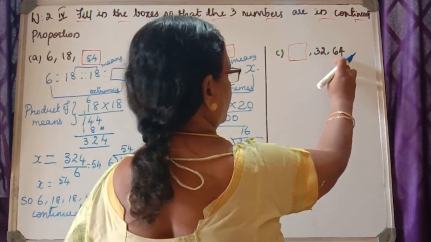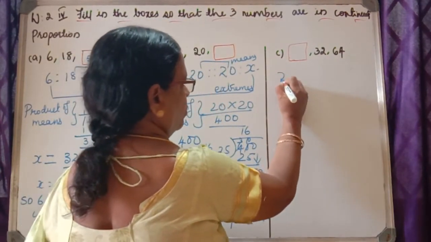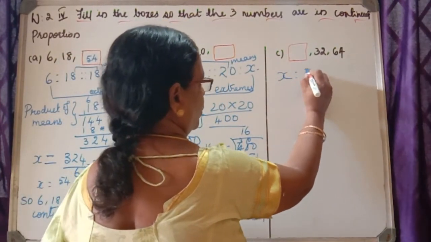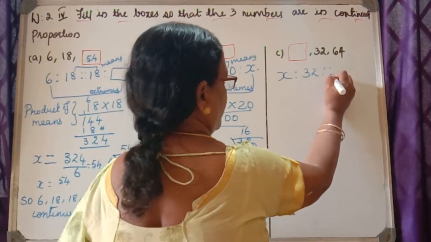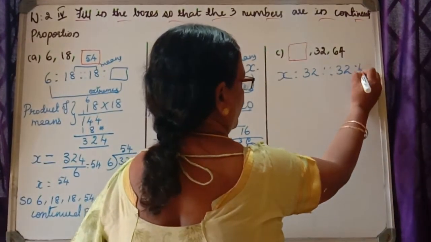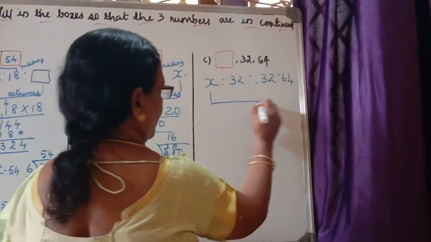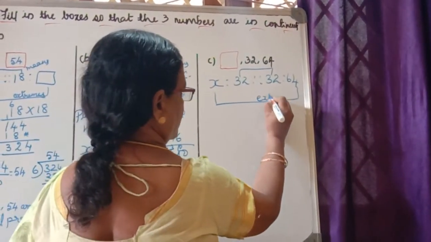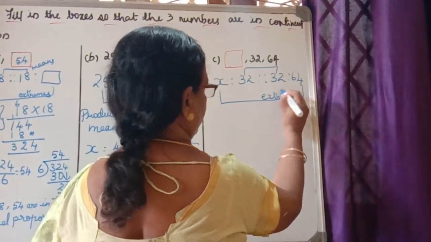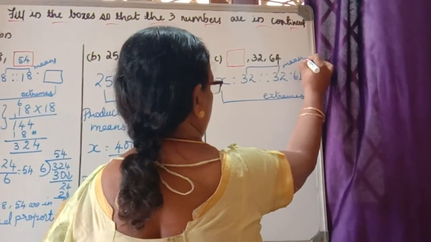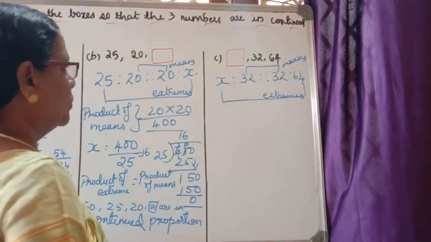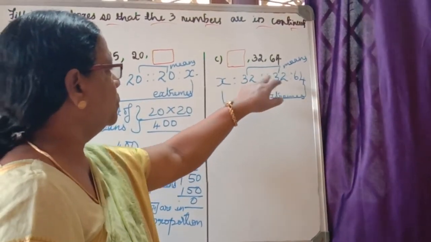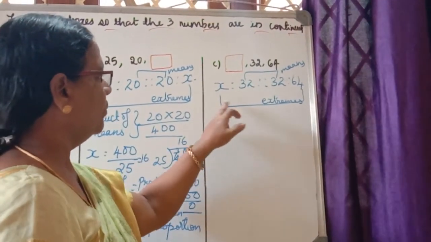Box, 32, 64. So consider the box as x: x is to 32 as 32 is to 64. The product of extreme should equal the product of means. In this sum also, we have the two terms of means, but only one term of extreme.